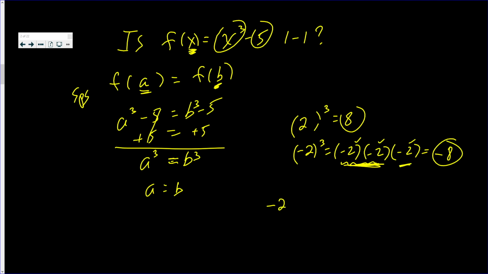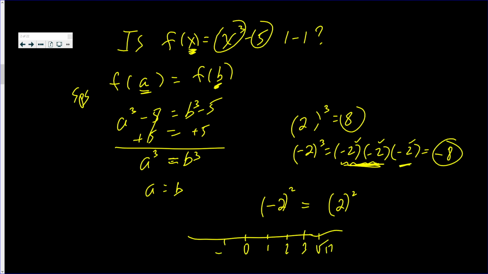You can't cube different numbers and get the same answers. You can square different numbers. 2 and negative 2 are different numbers, but their squares are equal. They equal 4. I know they're different numbers because every point on the number line is different.